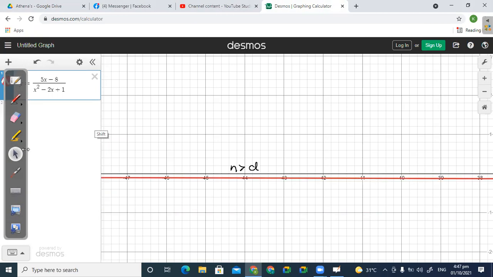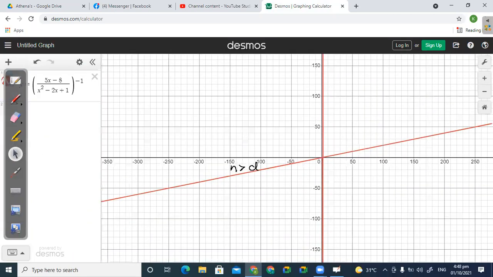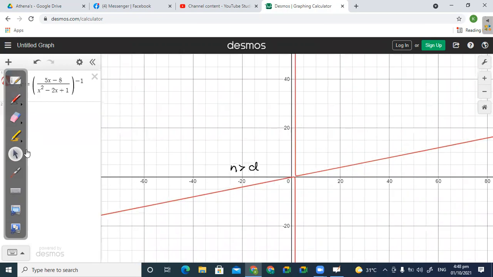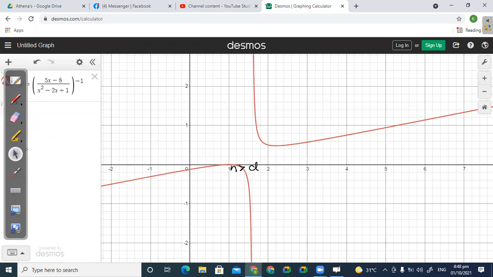Get the reciprocal kumbaga, tapos raise to negative first. Ito yung hitsura niya. Ganito yung graph. Okay, so pansin nyo, walang horizontal asymptote, pero may slant tayo. Slant or oblique asymptote.